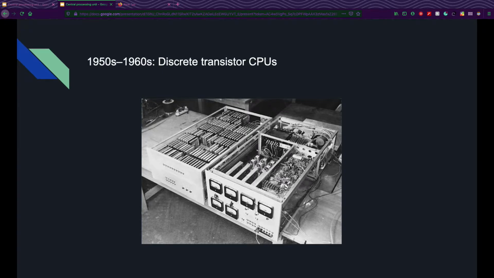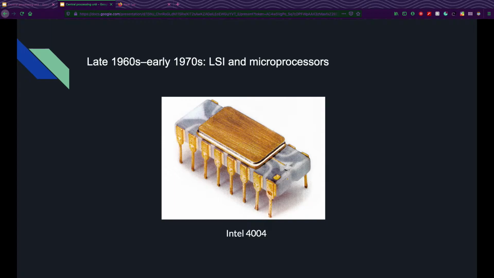So let's talk about the first microprocessor, the Intel 4004. This was considered a marvel of engineering and design. To this date, it is considered one of mankind's most important inventions, if not the most important. So how did the Intel 4004 come into existence?